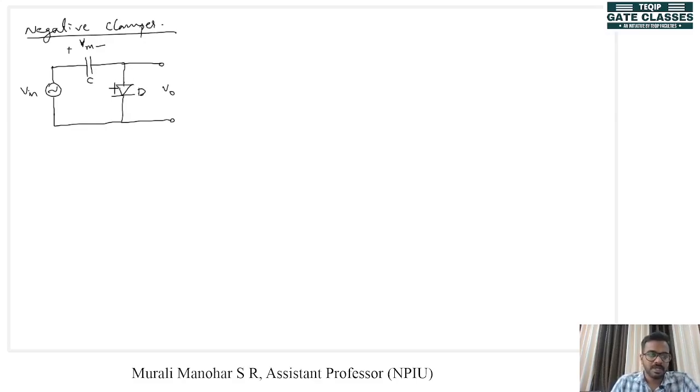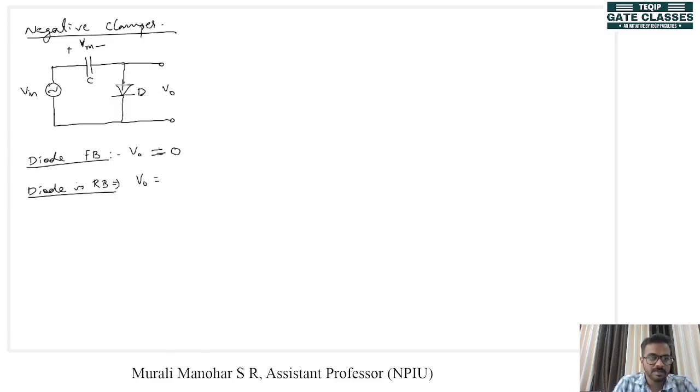Okay. So when the diode is forward biased, Vout is equal to 0, right? Because Vout is now across the diode. When the diode is turned on or forward biased, Vout is equal to 0. When the diode is reverse biased, what will be Vout?